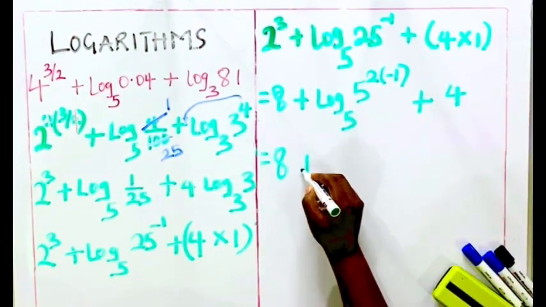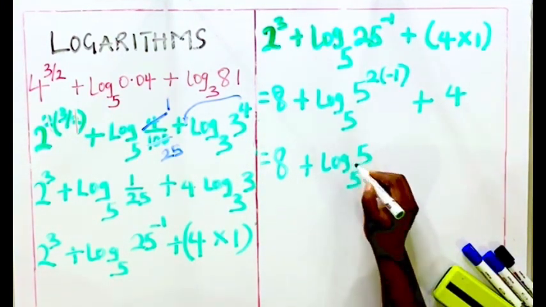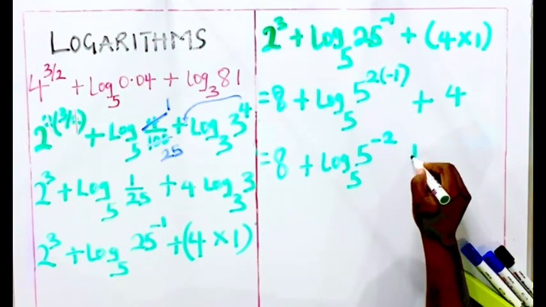8 plus log base 5 of 5 to the power of 2 times minus 1, which is minus 2, plus 4.